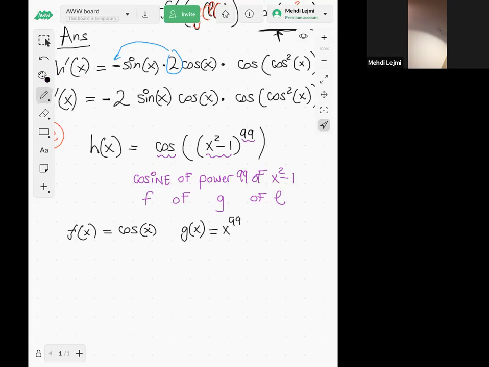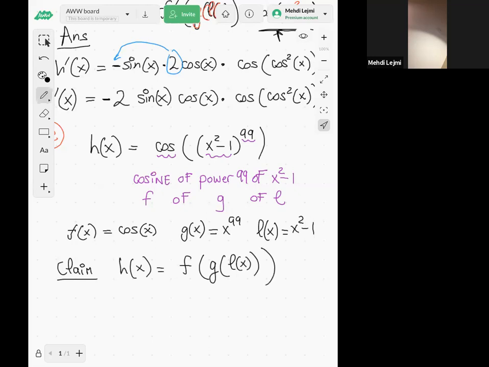And then L of x will be x squared minus 1. And so the claim is that h of x would be equal to f of g of L of x. All right.